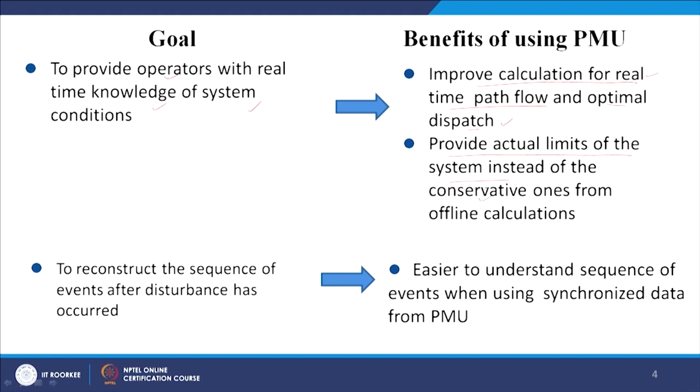which we got from the offline studies, because in real state the power limit or some parameters may change, because we always have loads switching on and off, and maybe due to some fault one line is out of service.